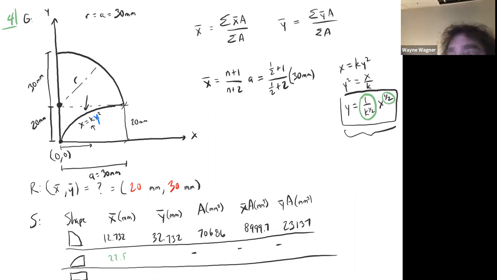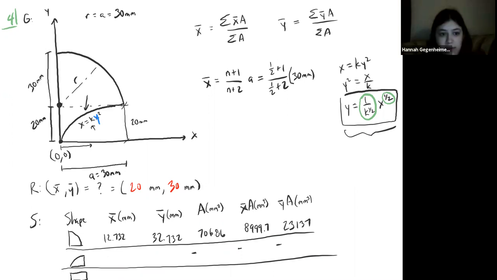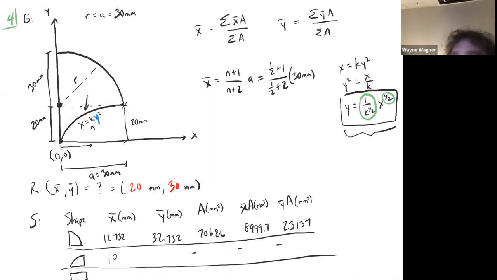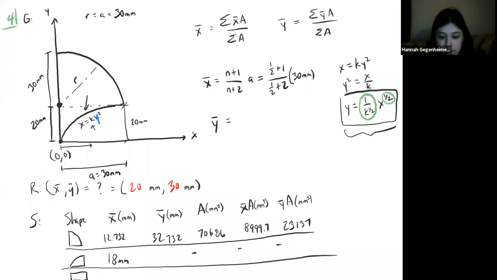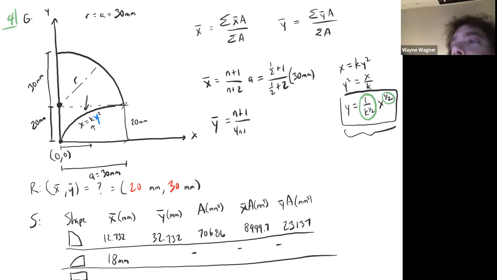Where's that measured from? The left side. Yep, 18 millimeters. What's y bar for this thing? n plus 1 over 4n plus 2 times h. Right, so kind of annoying. So n plus 1, that's 1/2 plus 1.